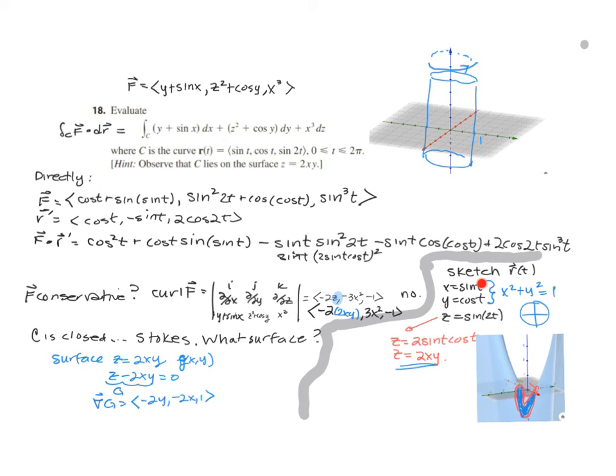If I put in 0, x is 0, y is 1, and as t increases, what does x do? As t increases from 0, the sine function increases. So that means as t increases, x increases, which means we're actually going around the circle this way.